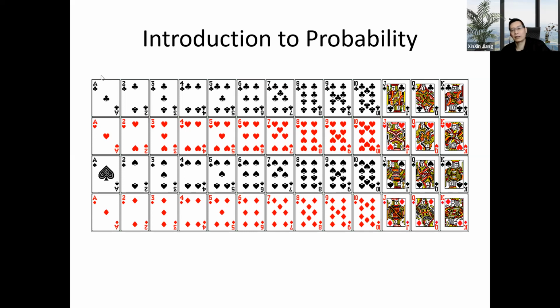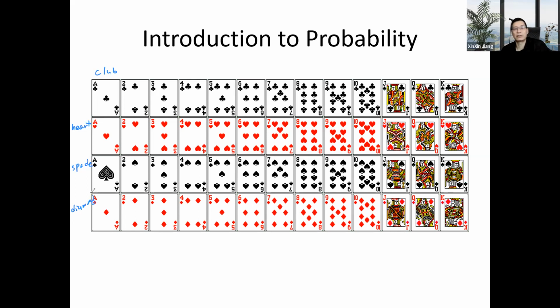A standard deck of 52 cards has 4 suits. This one is called club, this one is called heart, and spade, and diamond.